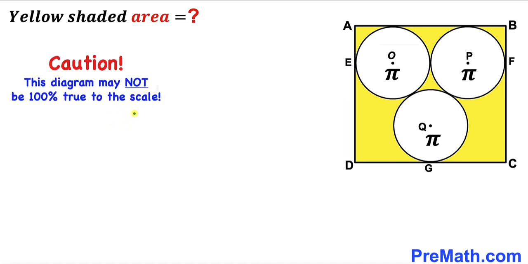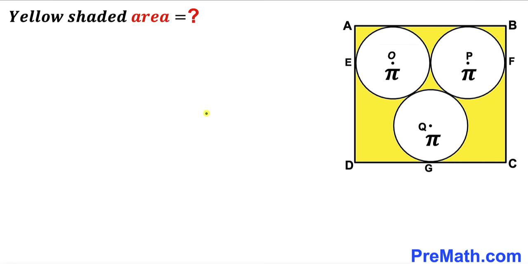Please keep in mind that this figure may not be 100% true to the scale. Let's go ahead and get started. Since we are interested in calculating the area of this yellow shaded region inside this rectangle, let's make an observation.